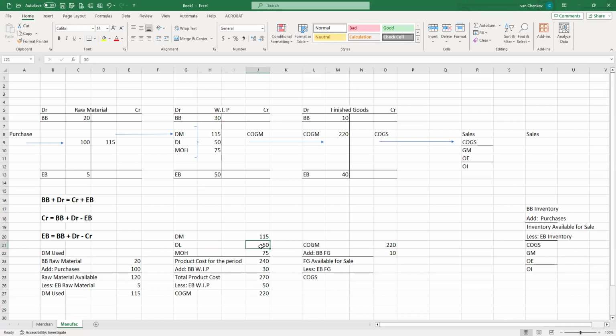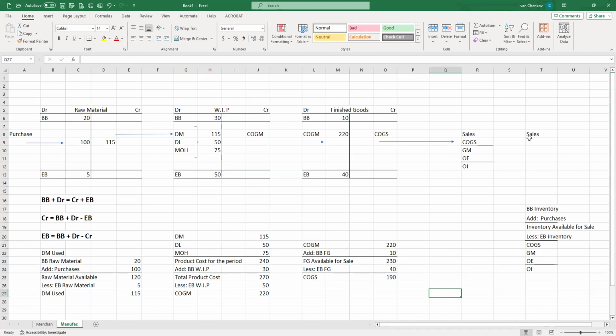Now the Excel spreadsheet can read from itself, so we don't have to worry about anything. So available for sale, we have 230, which is sitting and ready for the customers. Our ending balance is 40. So how much did we sell? We sold 190. That's how we get cost of goods sold in this case.